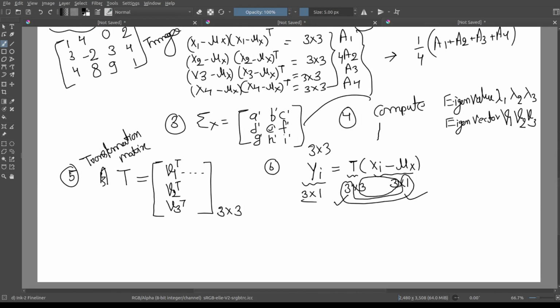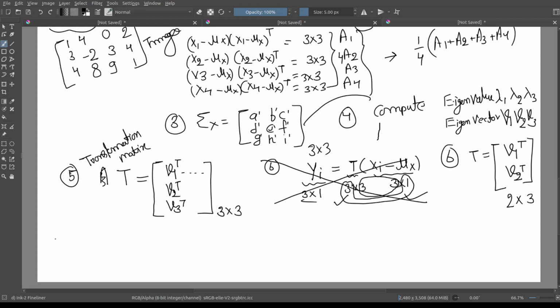Now, what I will do in the seventh step. Let's say I am not using the sixth step right now, so ignore this. Now the step is this: from the transformation matrix which you obtained, you take only, let's say, the first two eigenvectors. So what is the size? 2 rows and 3 columns.